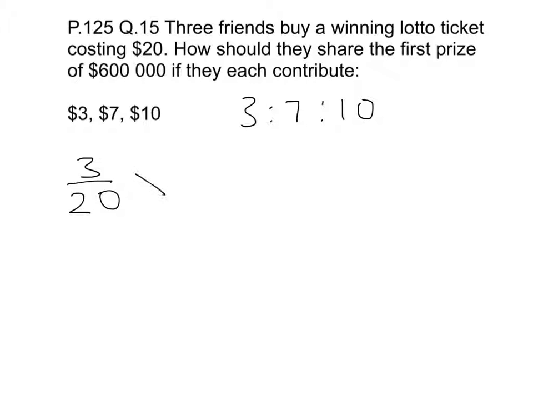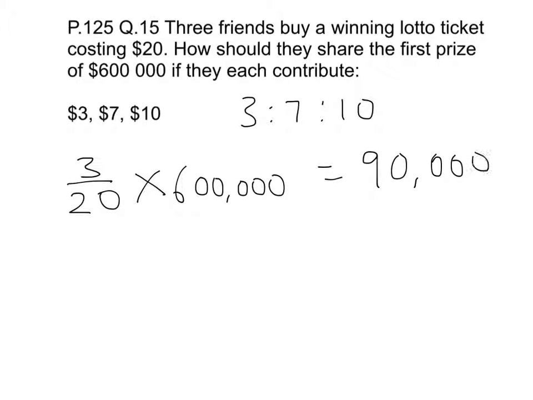So if we do that and we get our calculator out, all we have to do is punch in 3 divided by 20 and then times that by 600,000. And the answer we get is 90,000. So the person that contributed $3 will receive a prize money of 90,000.